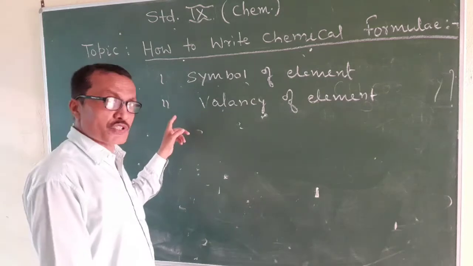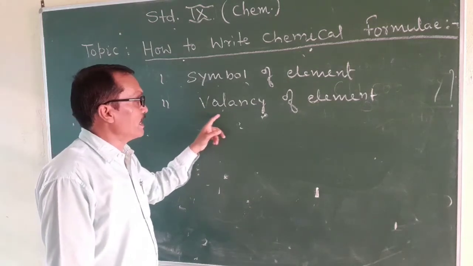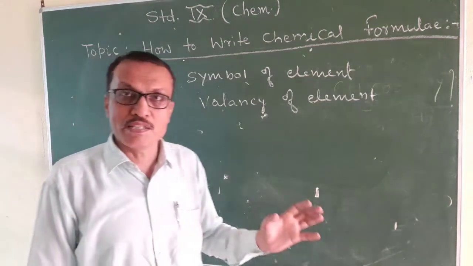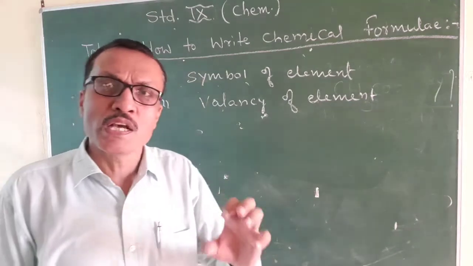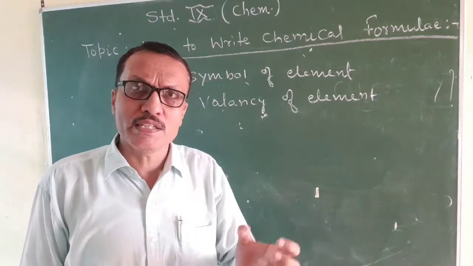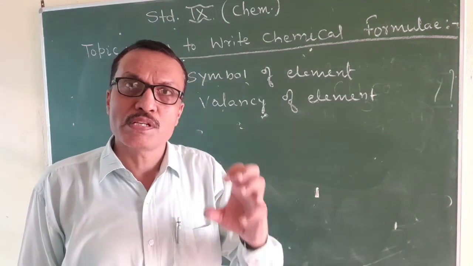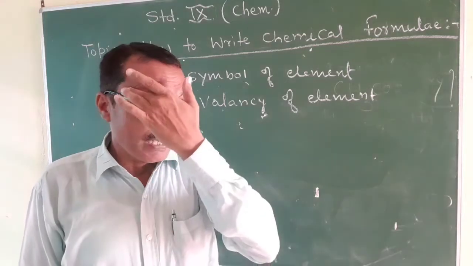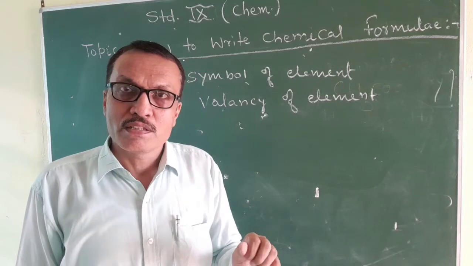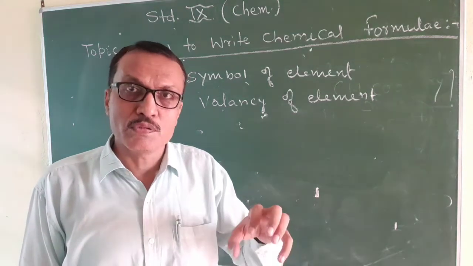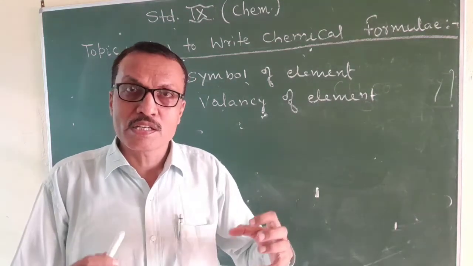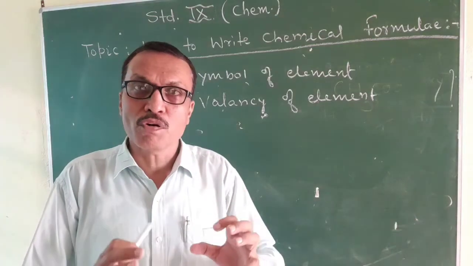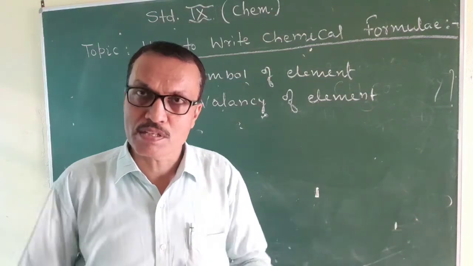And the second most important thing is the valency of the element. Students, every element has a certain specific valency, and that valency is used when the element reacts with other elements to form different substances.